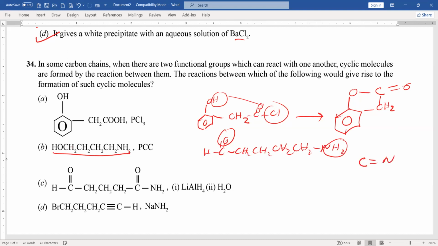Carbon, we have 1, 2, 3, 4, another CH2, CH2, CH2, CH2, like this. This is a cyclic compound.